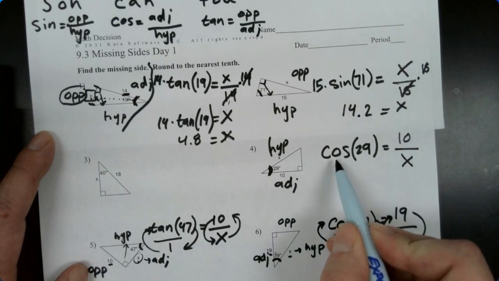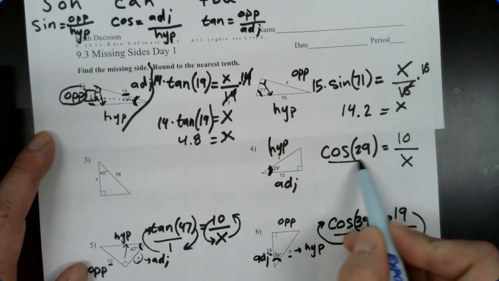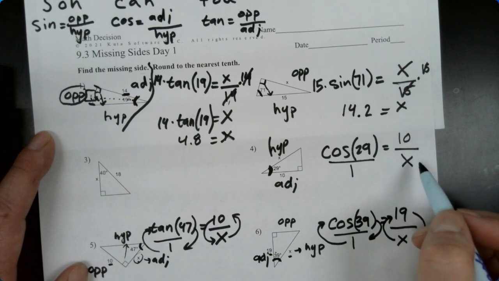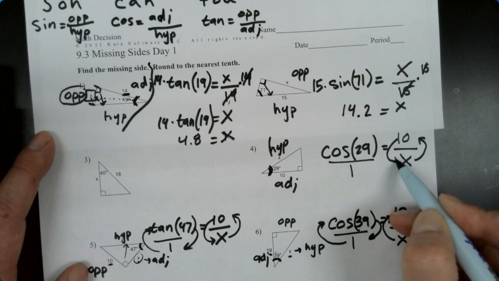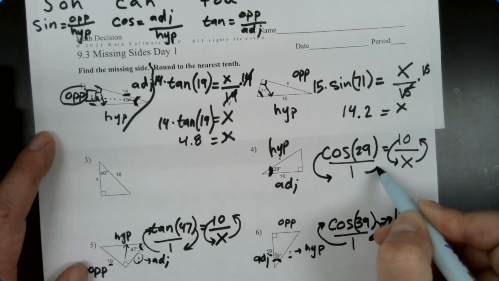Good, Denny. Because x is on the bottom, we have to flip it. So I'm going to say this is over 1. I don't like the variable to be on the bottom, so I want it on the top. So I'm going to put x on the top, 10 on the bottom, cosine of 29 on the bottom, 1 on the top.